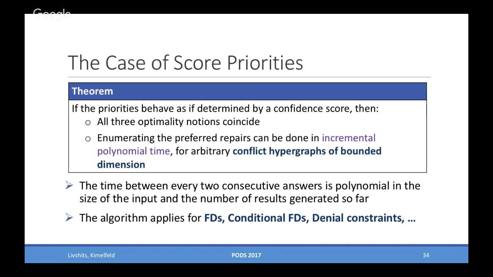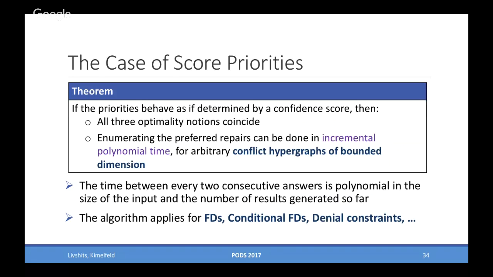Second, in this case, we have another enumeration algorithm for enumerating the optimal repairs for all three notions in incremental polynomial time, okay, where the time between two consecutive answers is polynomial in the size of the input and in the number of results generated so far, for any conflict hypergraph of bounded dimension.